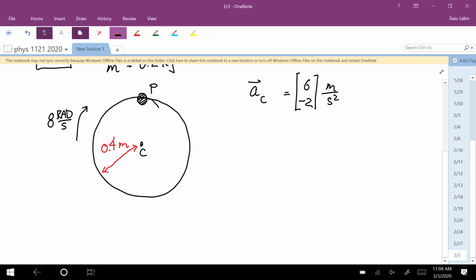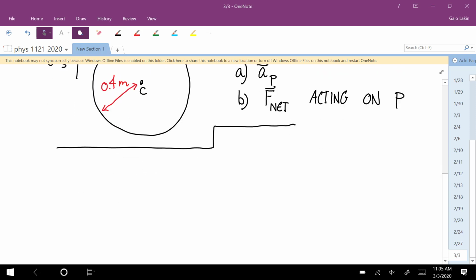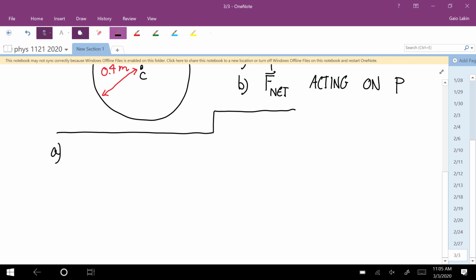So I'll call this object P for particle, and we want to calculate the acceleration of P, and then we want to calculate the net force acting on that particle P. All right, well, the acceleration of P, and if it doesn't say anything about what that's relative to, we're going to assume that's relative to the ground, is equal to the acceleration of P relative to the center plus the acceleration of the center relative to the ground.